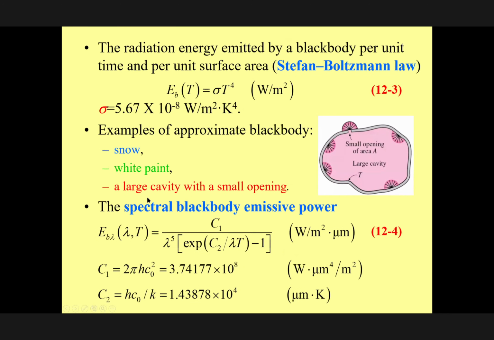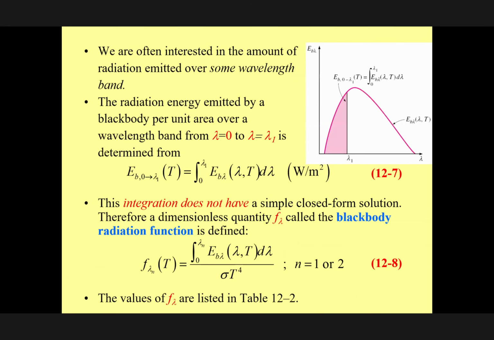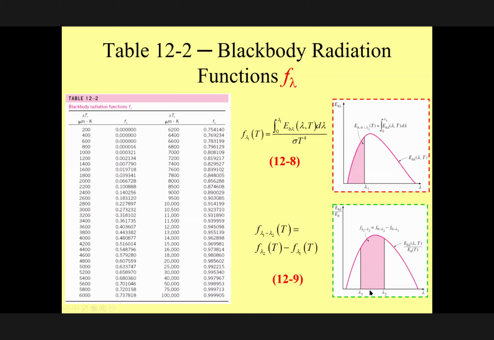Look at here, this gives the amount of energy emitted by a surface at a given lambda. Therefore, I have to integrate this equation between lambda 1 and lambda 2 to tell me how much energy I receive in this range. Trying to integrate that equation is very difficult. Therefore, they made it simple. Rather than asking you to integrate, they did the integration and gave it as a function of percentage: what percentage of energy is between lambda 0 and lambda 1?